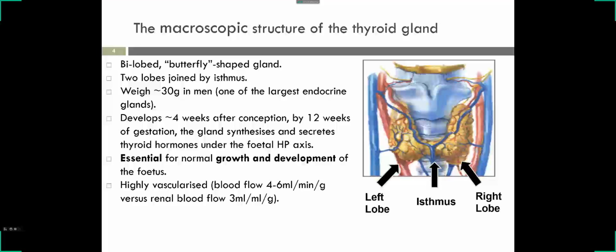So quite a bit of blood flow, lots of vasculature, lots of exchange of endocrine hormones. So the thyroid is a very important process in development and in homeostasis of our physiology.